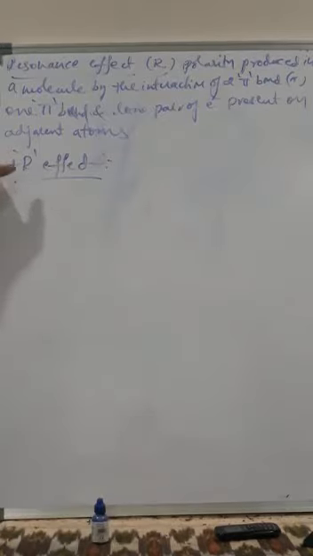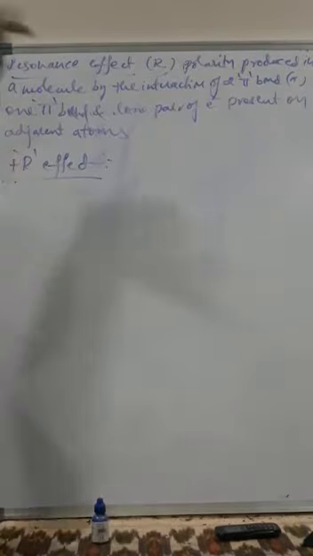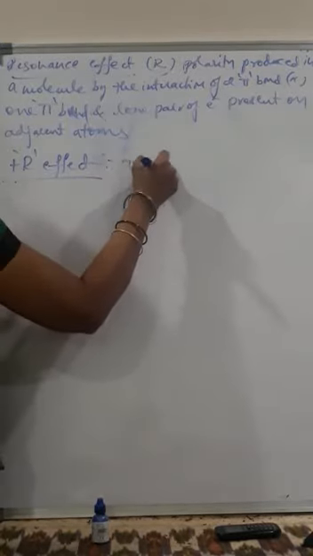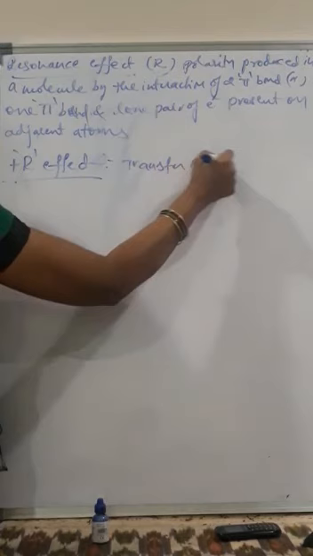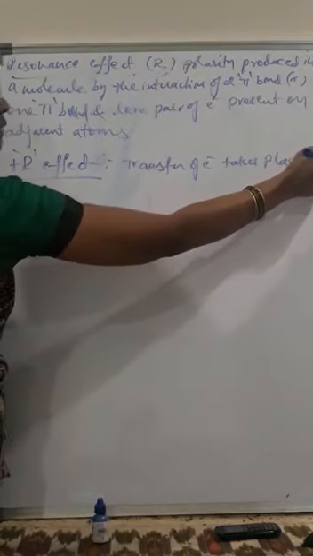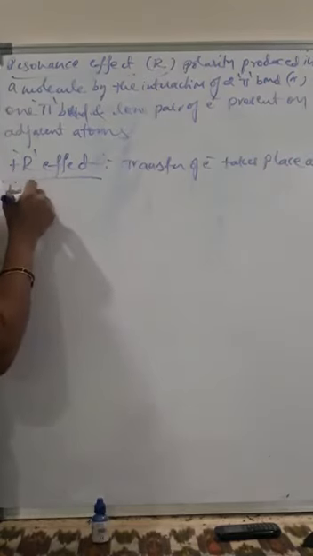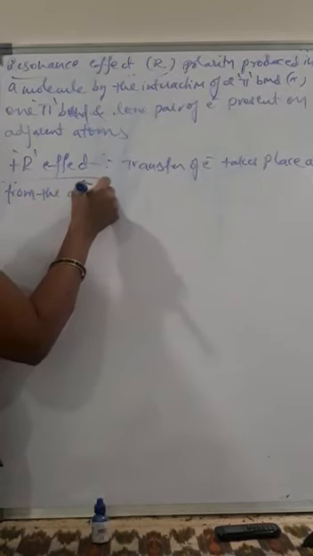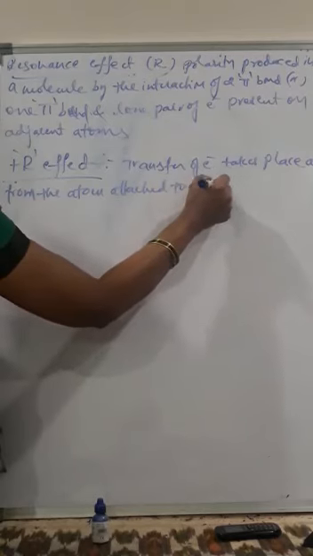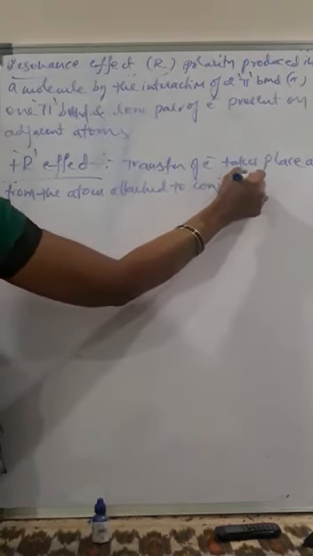Coming to plus R effect, like the mesomeric effect, transfer of electrons takes place away from the atom attached to the conjugate system.